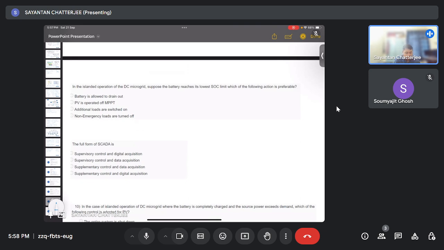In the islanded operation of the DC microgrid, suppose the battery reaches its lowest SOC limit. Which of the following actions is preferable? Battery is allowed to drain out, PV is operated off MPPT, additional loads are switched on, non-emergency loads are turned off. Which action is preferable?